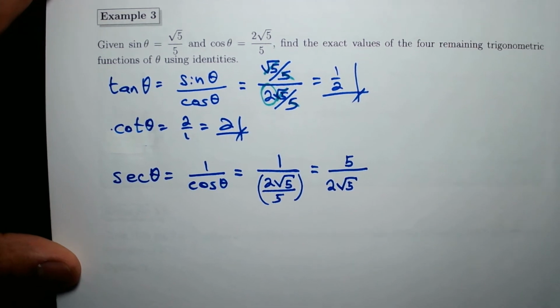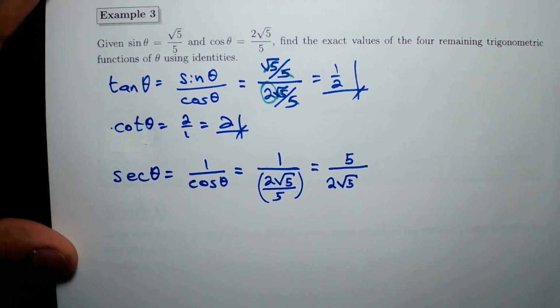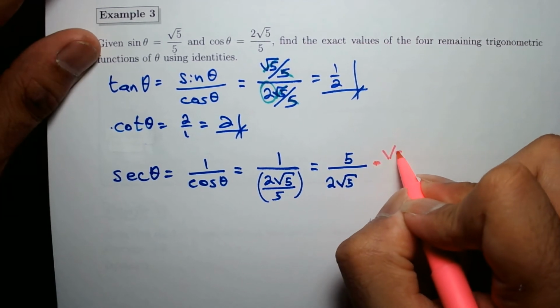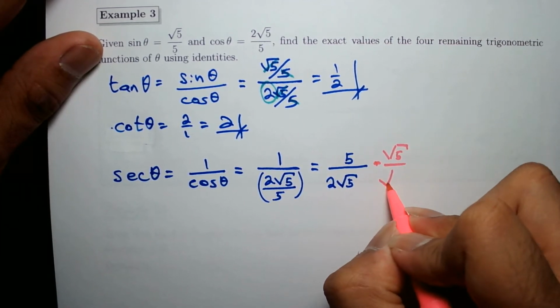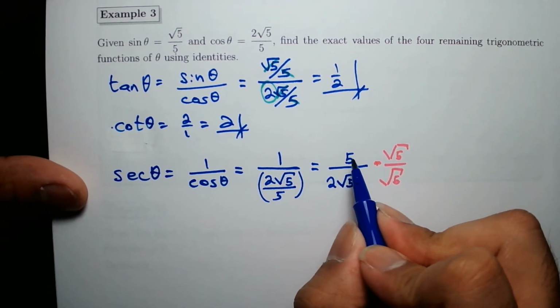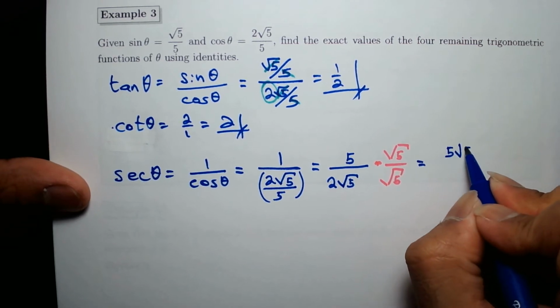But as a final answer, MyMathLab may ask you to rationalize denominators, and all we have to do in this case is multiply numerator and denominator by the radical factor. All right, so in the numerator, I'm going to have 5 times root of 5, which is 5 root of 5.